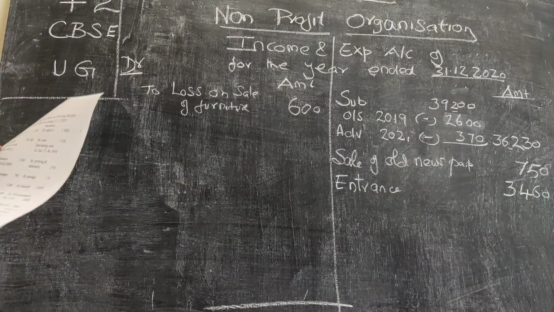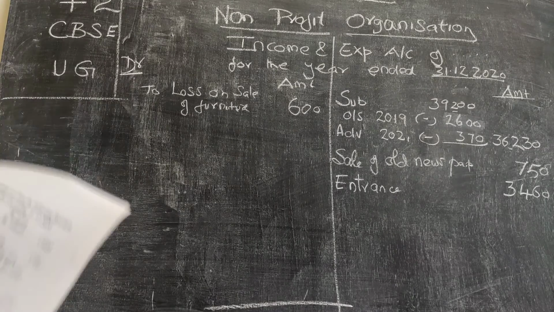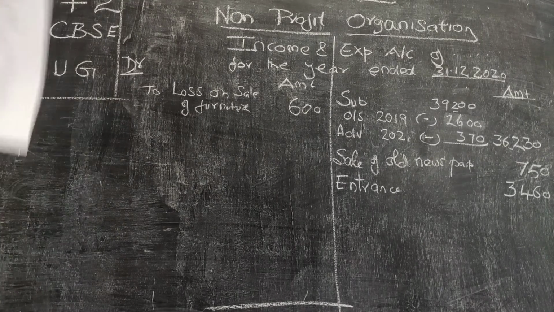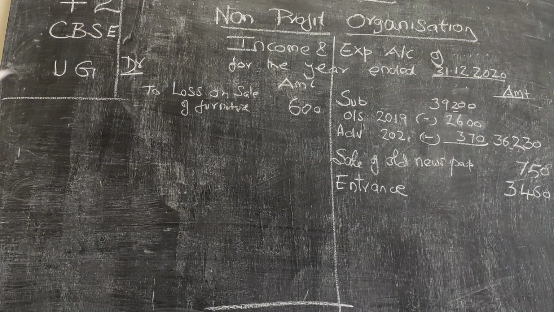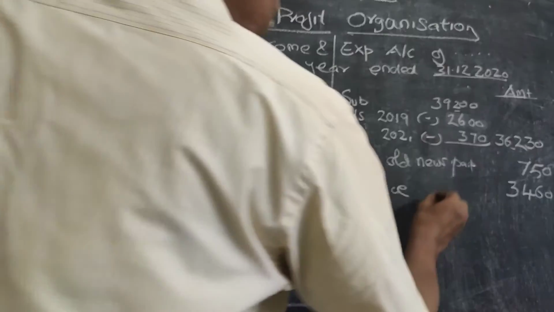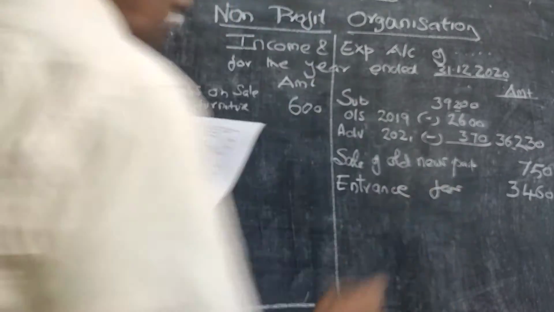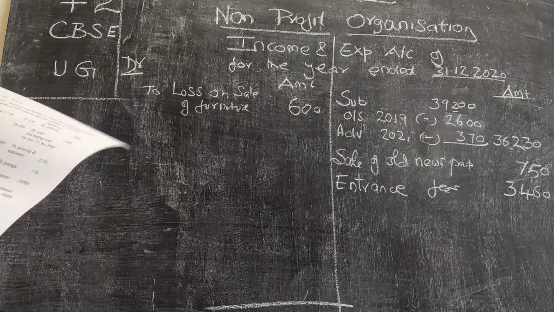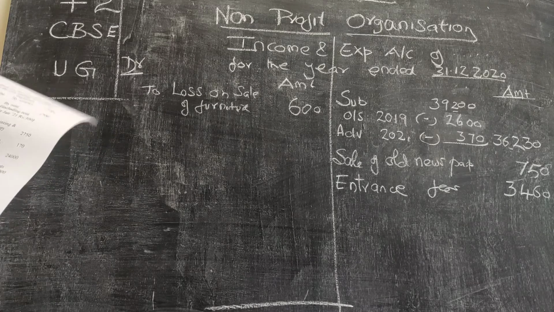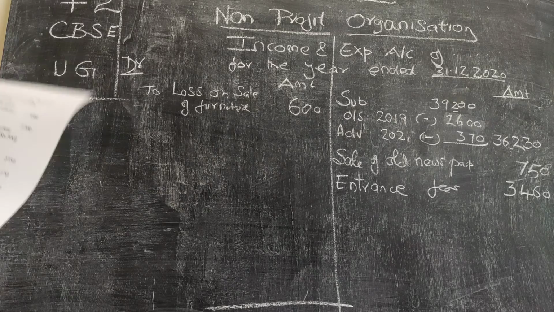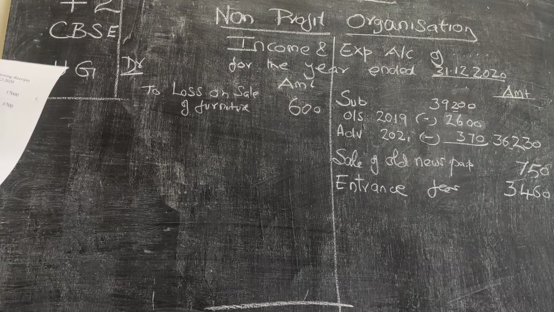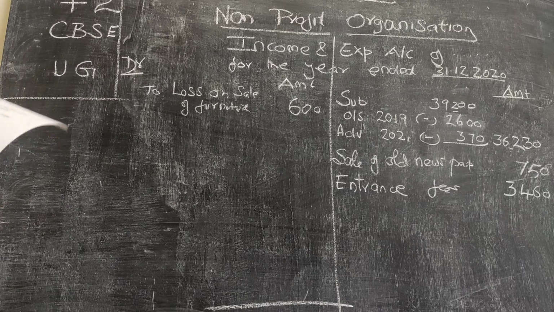Sometimes the problem they will say 50% entrance fee to be capitalized. In such case only you will take 50% here and 50% to balance sheet. So entrance fees 3,460. The next entry in the receipts and payments on receipt side is life membership fees. That is a capital receipt, so it will not come here.